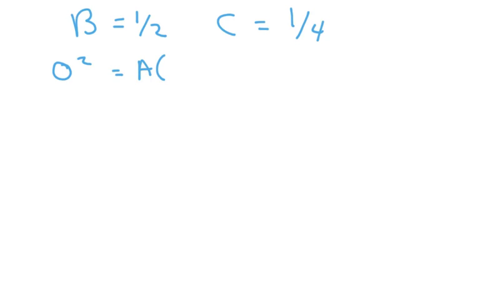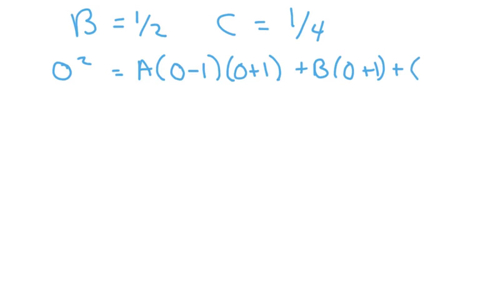I'm going to do this in class, but right now I'm doing it this way. We get this, and that yields 0 equals negative a plus b plus c.